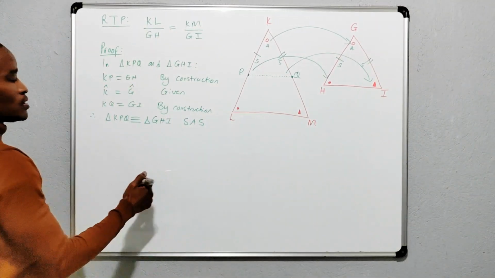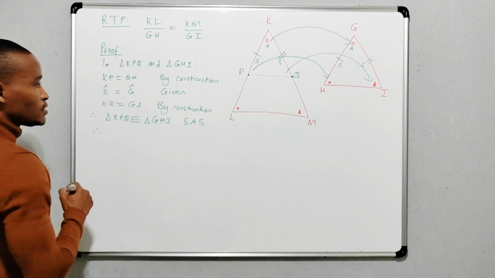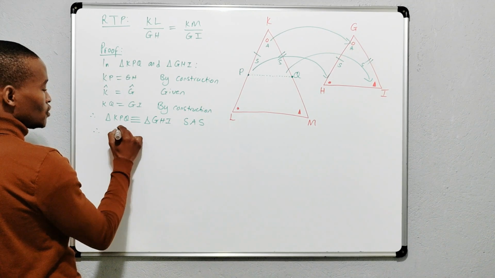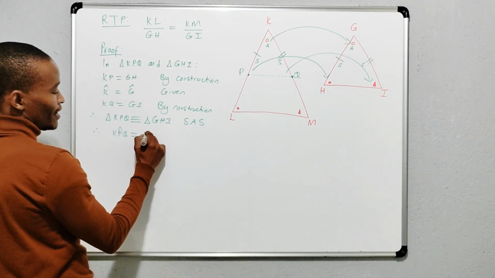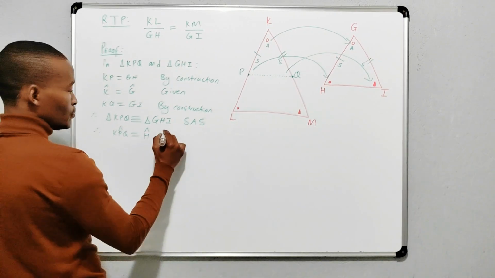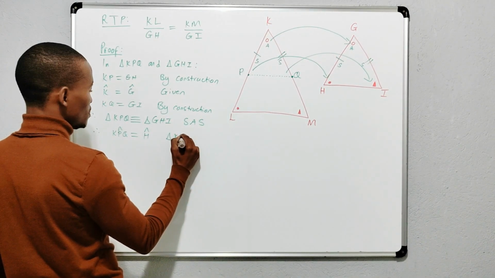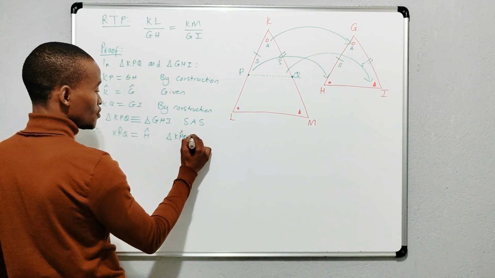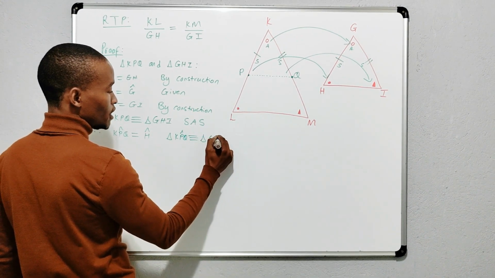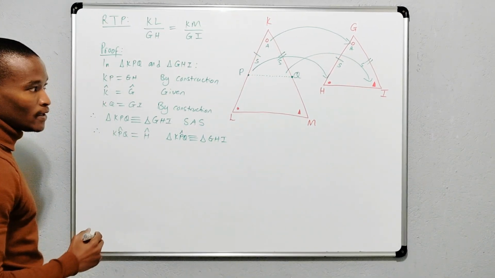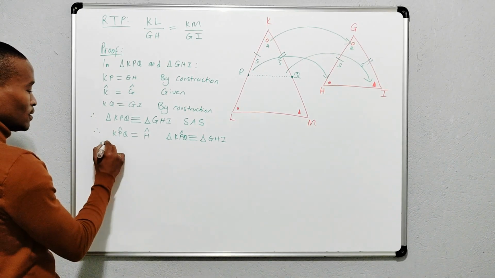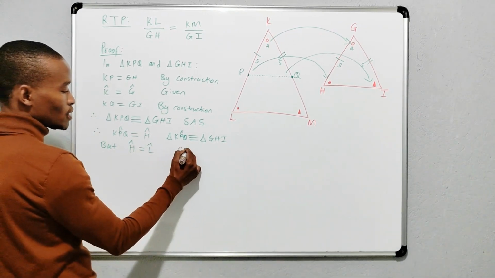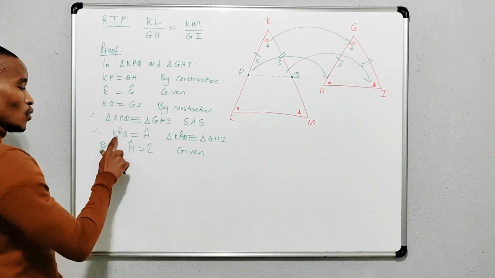From this, we can make that statement and say, therefore, angle KPQ is equal to angle H. Why? Because triangle KPQ is congruent to triangle GHI. But we know that angle H is equal to angle L. This was given. So what can we do now?